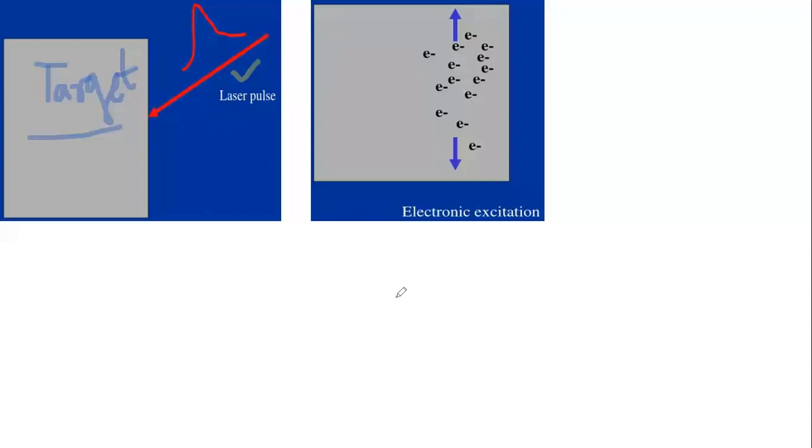Am I right or wrong? Every atom has atomic orbital shells, and in each orbital shell a number of electrons are present.